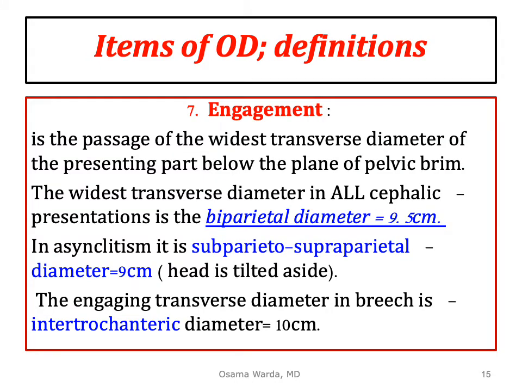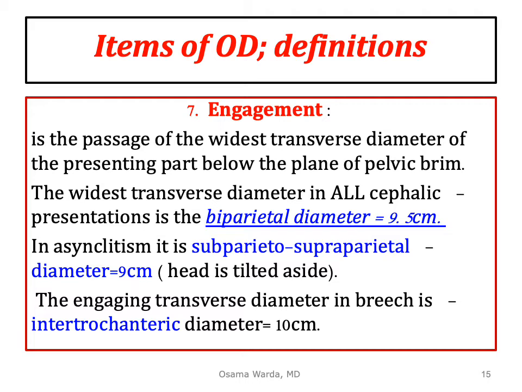We come to an important item, which is the fetal head engagement, the engagement of the fetal part. Engagement means the passage of the widest transverse diameter of the presenting part below the plane of the pelvic inlet. So we have 2 items to be known: the widest transverse diameter of the fetal presenting part and the plane of the pelvic inlet.